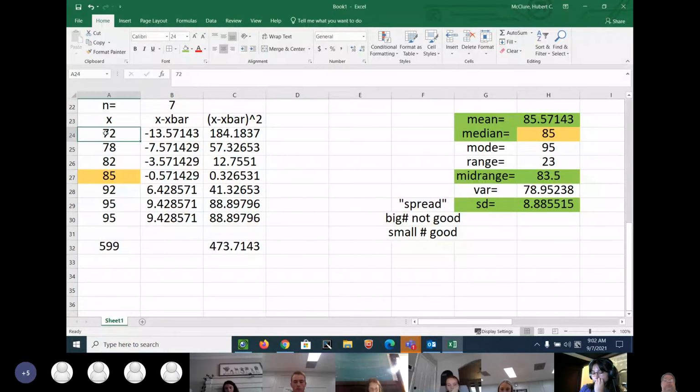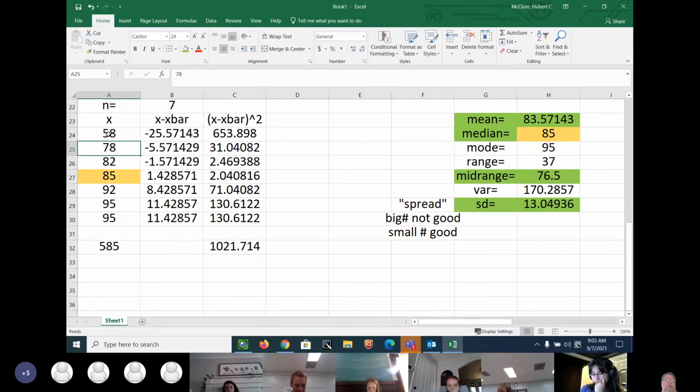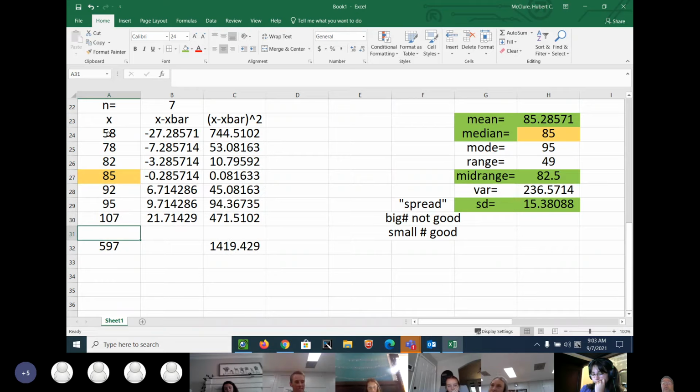Let's look and see what happens when I change some of these numbers. Let's go with a 58, 107. What happened to my standard deviation? Did it get bigger or smaller? Okay, I'll do it again.